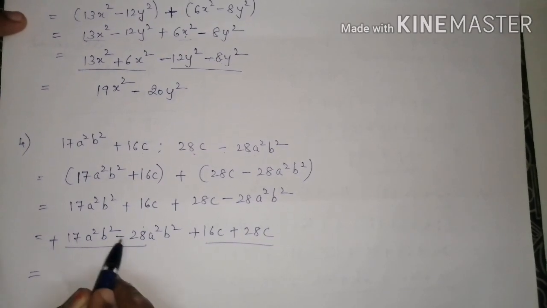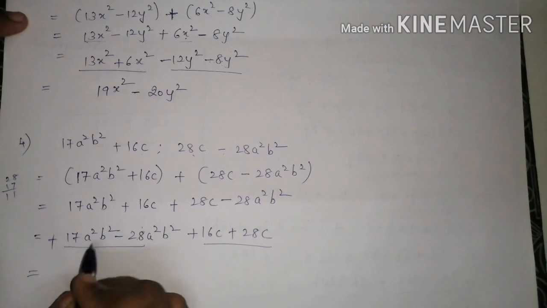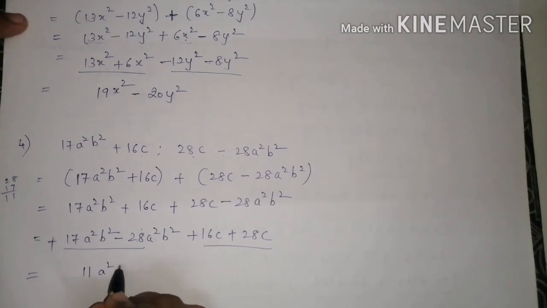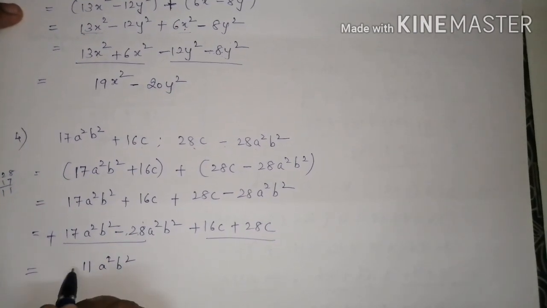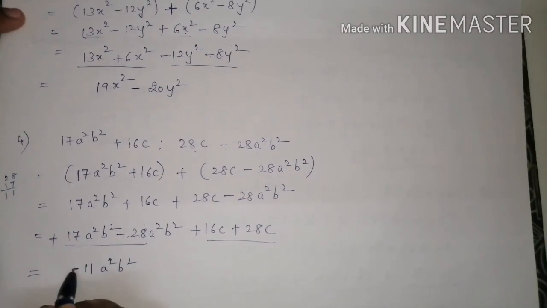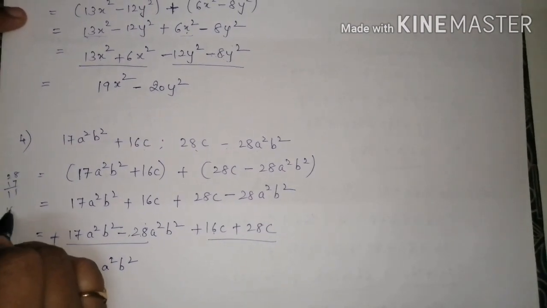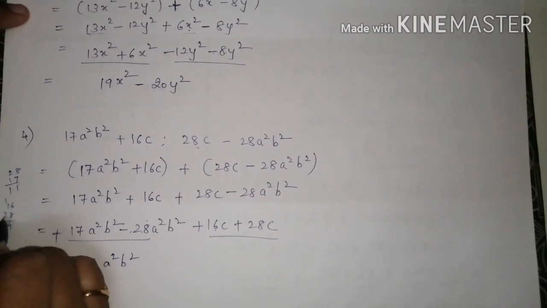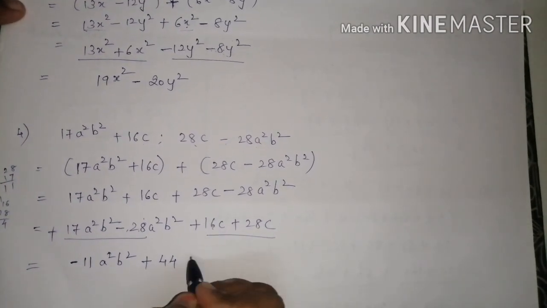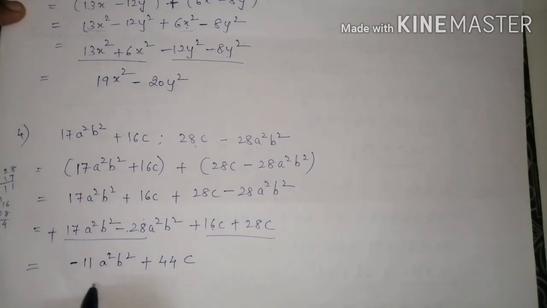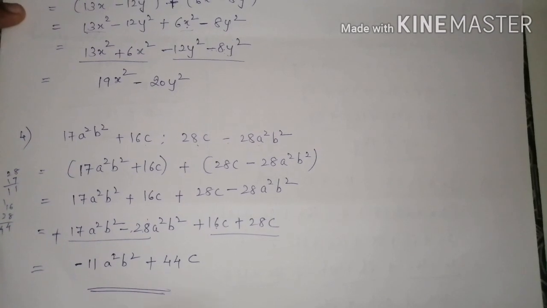Plus minus is minus, so 28 minus 17 is 11, 11a²b². The alphabets we put one time only. Sign of the greater number: 28 is greater, its sign is minus, so it will be minus. Plus is plus only: 16 and 28 is 44, so plus 44c. Sign of the greater number is plus only. So the answer is −11a²b² + 44c.